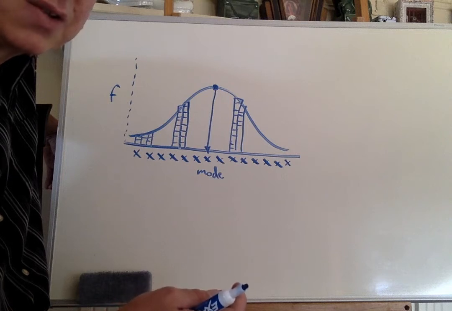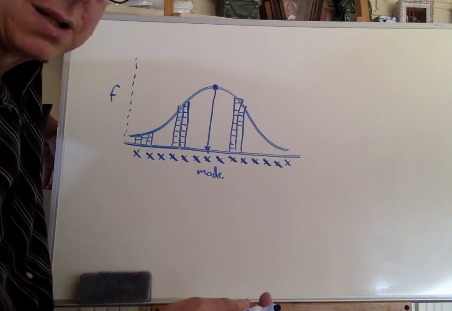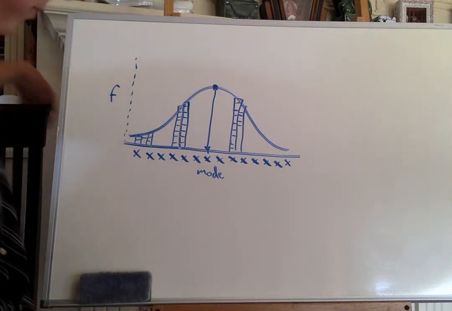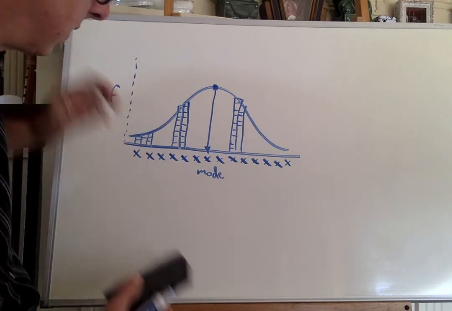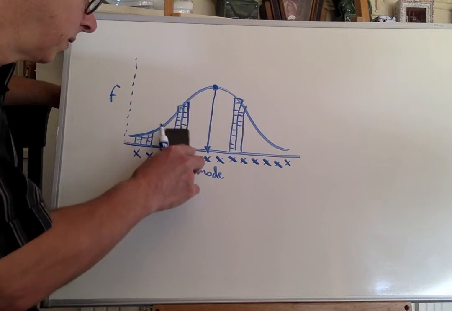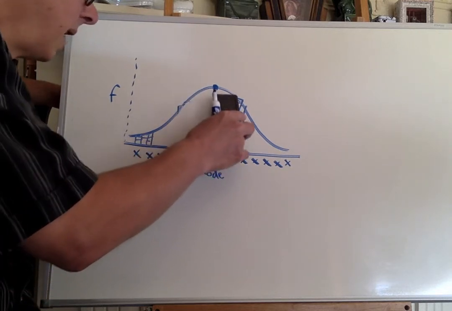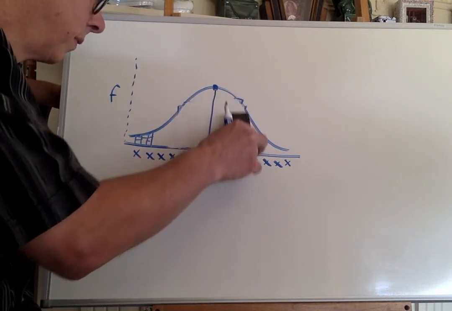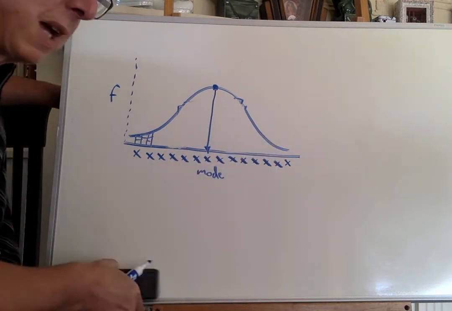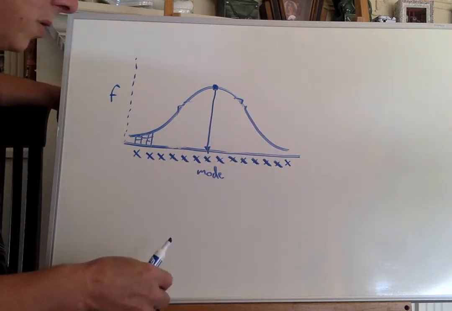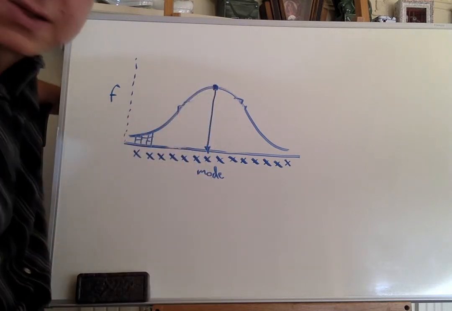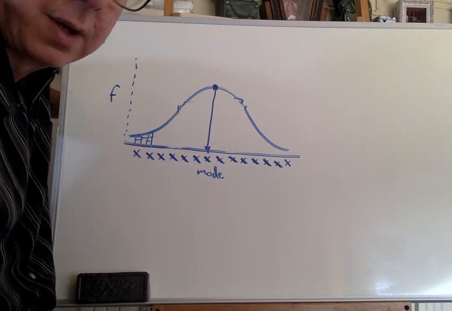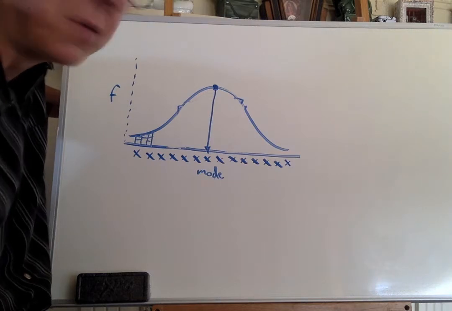Really what I'm saying is, where is the median? Where would the median be? Well, can we figure this out? One of the things about a normal curve is that it is symmetrical. Hypothetically, a perfect normal curve is symmetrical around the vertical axis. What does that do for us?